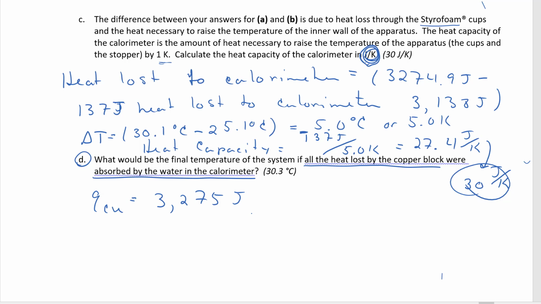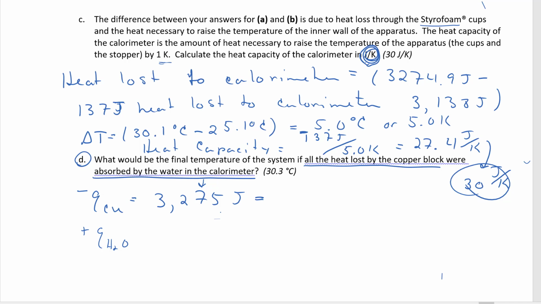Now, I'm going to kind of pay attention to significant digits here again, and I'm going to set that equal to the heat gained by the water. So in other words, since the water's gaining heat, I'm going to leave this number positive, okay? Since it was exothermic for copper, it's endothermic for the water.